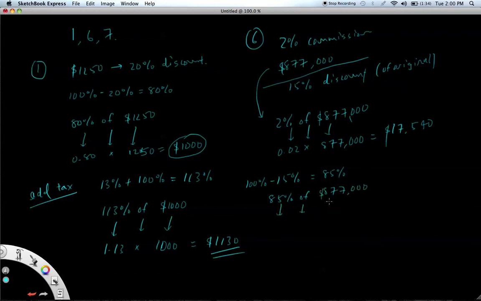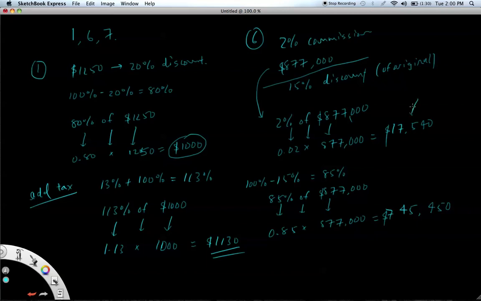So again, let's translate this into math. 0.85 of 877,000. Let me do that. 0.85 times 877,000 is $745,450.